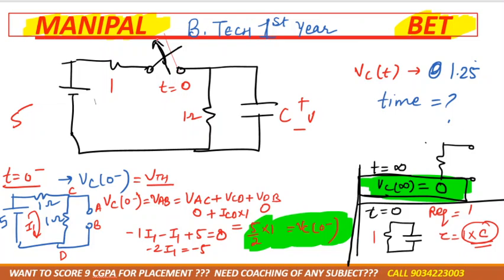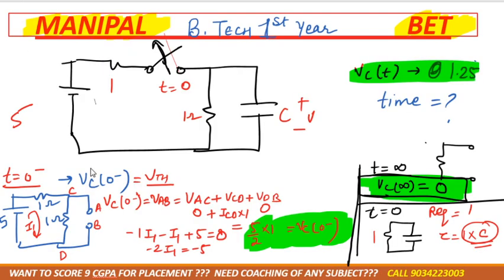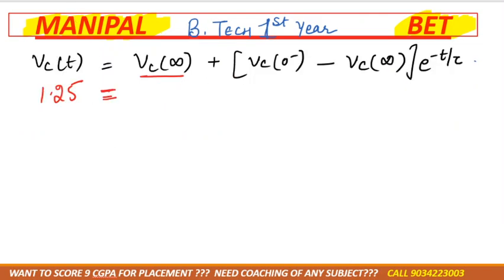Okay. Now in this case they gave you VC of t, but you need to calculate the time. Do it. Put down all the values in the equation. In this case VC of t is given as 1.25. Write down 1.25. VC of infinity you calculated as 0, and VC of 0 minus is 5 by 2. So 0 plus (5 by 2 minus 0) times e raised to minus t by tau.